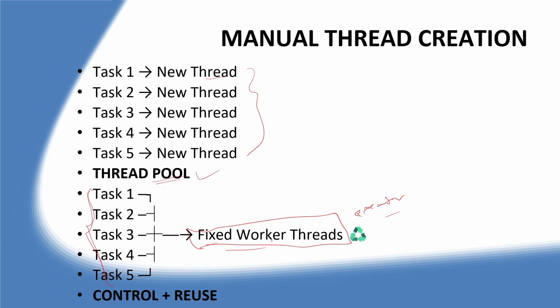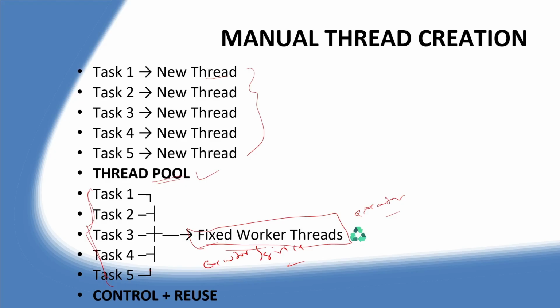And the executor service will manage how that work is executed by its worker threads. How these 5 tasks will be executed by the worker threads is managed by the executor service. So this makes concurrent code easier to manage and scale.